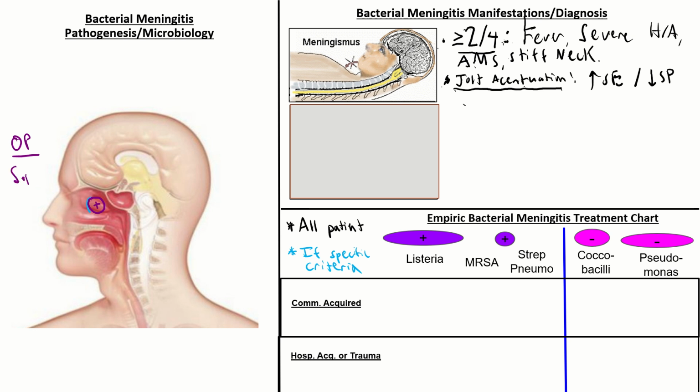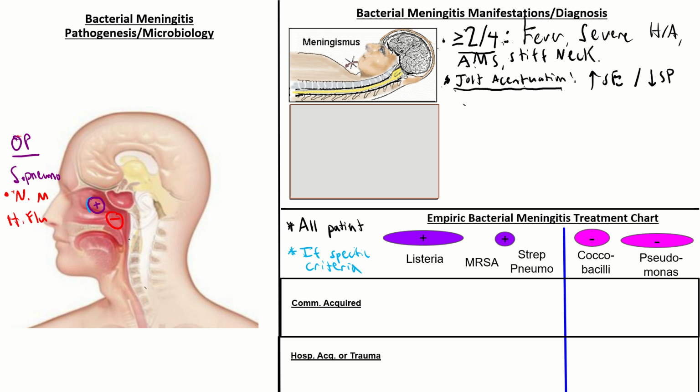But other things that can also live in your oropharynx are gram-negative coccobacilli as well. Gram-negative coccobacilli you might be thinking of, especially if you have a younger patient, especially if they have a complement deficiency, you're going to be thinking about Neisseria meningitidis, as well as actually H. flu too.